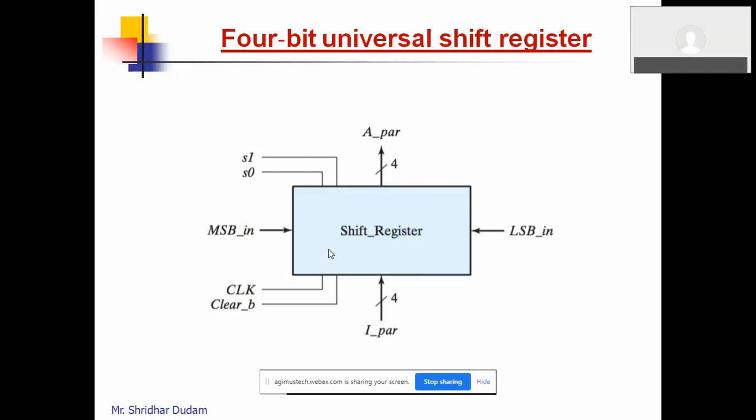When I'm going for left shift, I have to use MSB in. When I'm going for right shift, I have to use LSB in. Whatever data is available on the parallel data lines, for loading the parallel data I have to use the parallel input. This is the architecture I had mentioned.